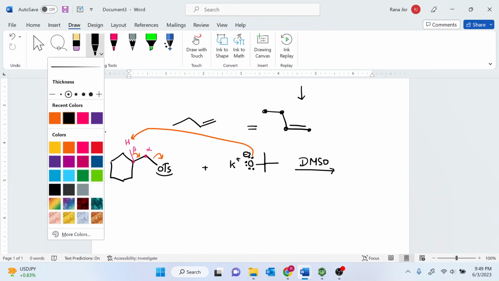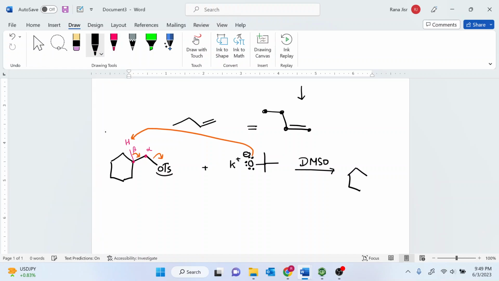So your product is going to be an alkene, and because it is a primary alkyl leaving group, you are going to get just one alkene product. So this is going to be the E2 product in this case.